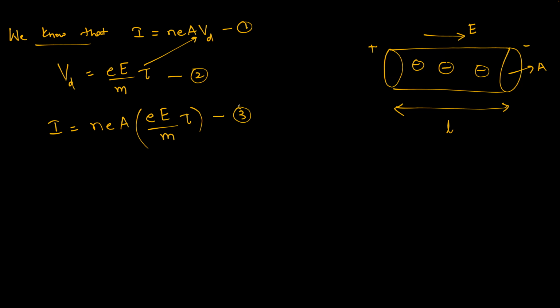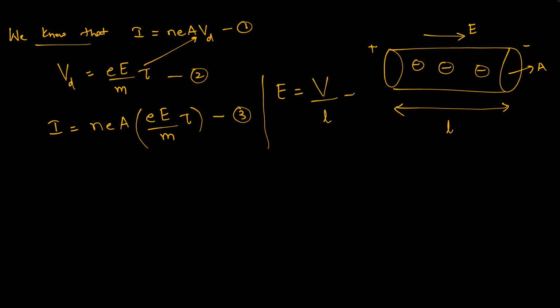But what is a relation we already know that exists between electric field and potential difference? We know that electric field is equal to the negative of potential gradient, but since they have already drawn the direction here, and you know the potential difference existing between positive and negative terminal, if I say the potential difference is V, can I write E is equal to V divided by L?